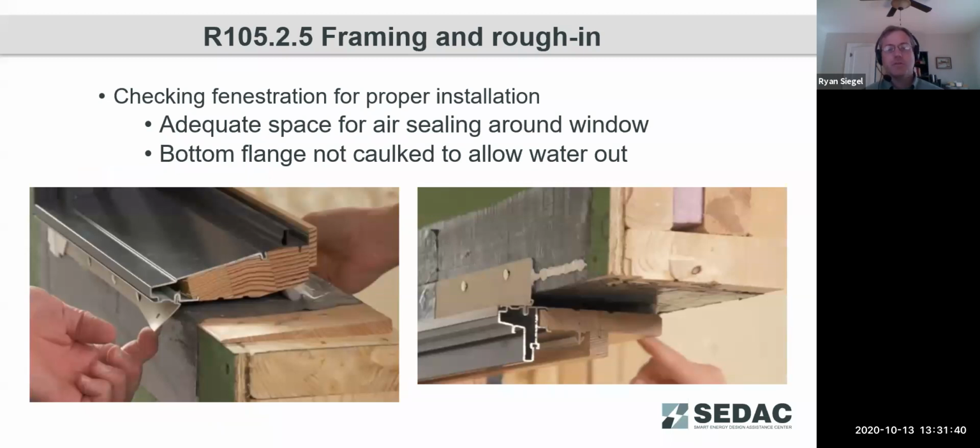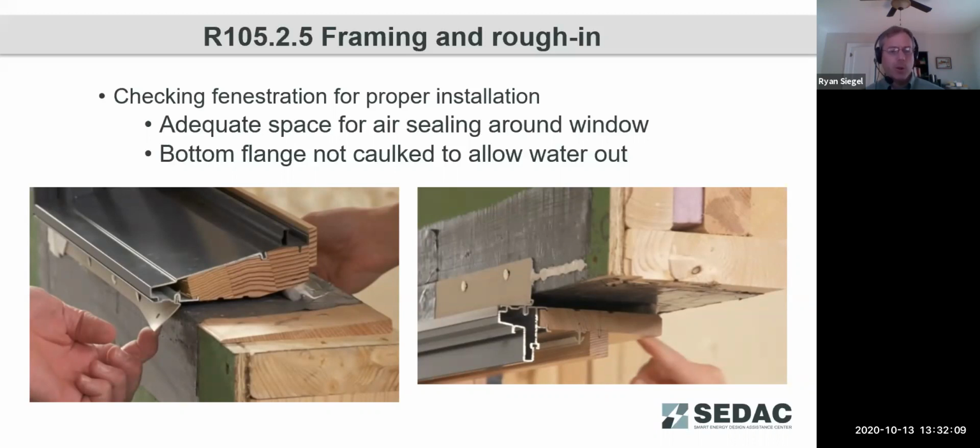As far as checking that we have installed the fenestration properly, making sure there was proper space for air sealing around the window or door. Windows and doors should not be perfectly tight to their openings because we need to make sure that there is room for that air sealing detailing to be installed.